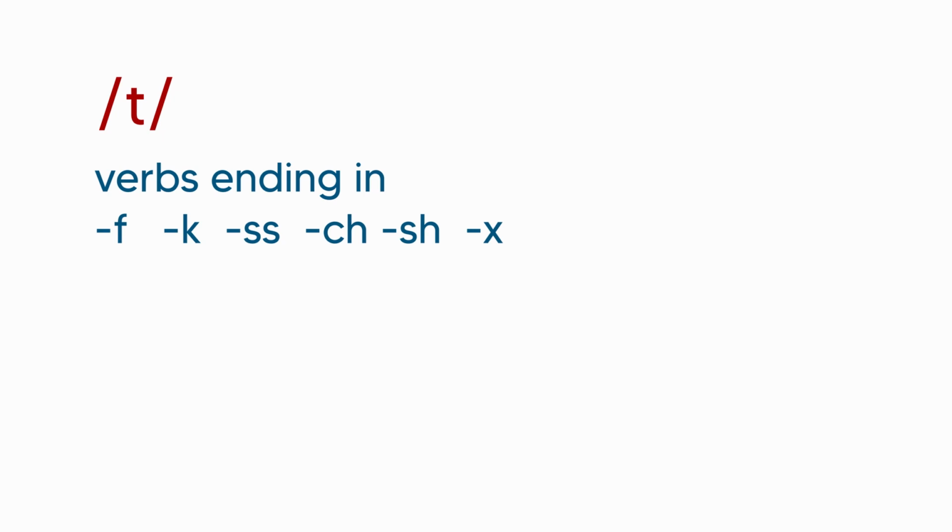Okay, so with the t sound, I'm showing you now which words need to end with the t sound. If the verb ends in the following letters or sounds, then the sound would be t. We've got f, k, s, ch, sh, ks. And the examples: surf becomes surfed.